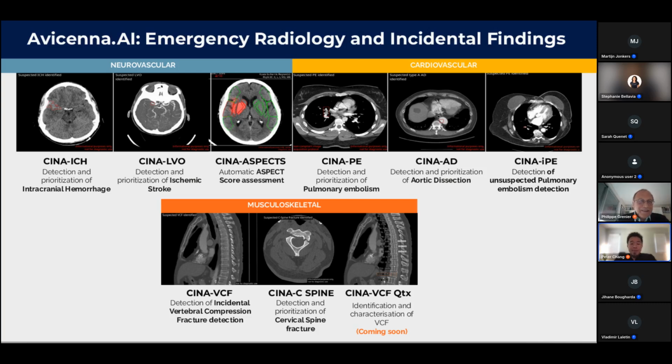So, does anyone at Avicenna want to talk at all about the roadmap here? Or, as many of you know, Avicenna, the host of this session, works on a large portfolio of radiology deep learning tools, including cardiovascular applications, but many across neurovascular and musculoskeletal problems as well.